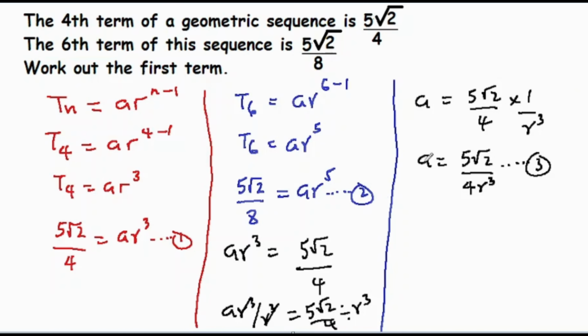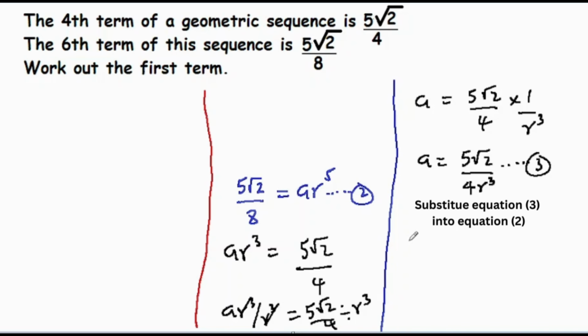So we're going to substitute equation 3 into equation 2. Wherever we see a, we're going to replace it with 5 root 2 divided by 4 multiplied by r raised to power minus 3. I'm writing equation 2 now: 5 root 2 over 8 is equal to ar raised to power 5.